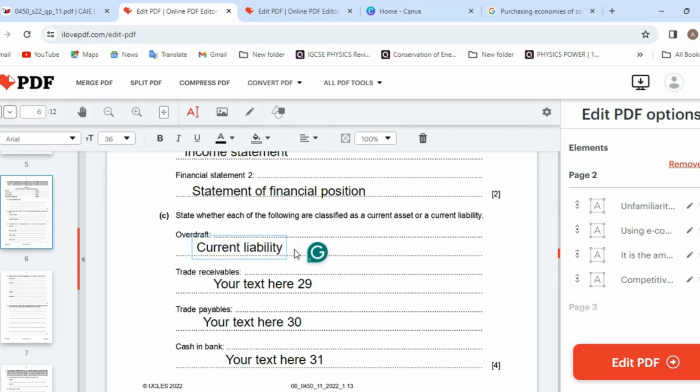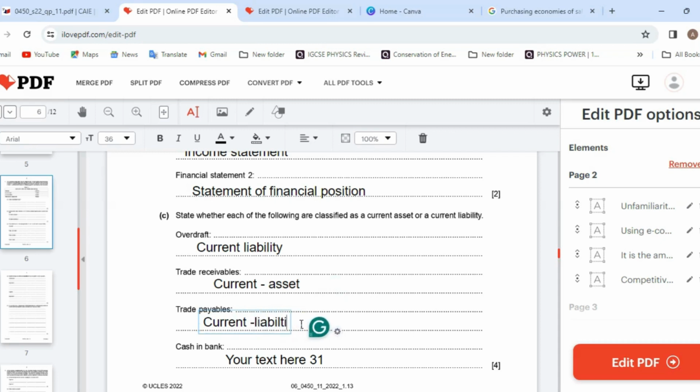And your trade receivable, also known as debtors, we have it as current asset. Your trade payable is also known as your creditors. It is also classified as current liability.